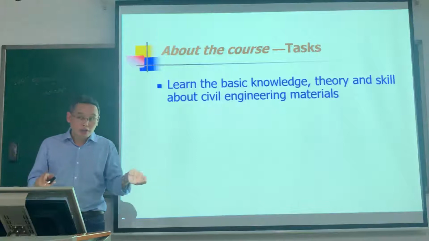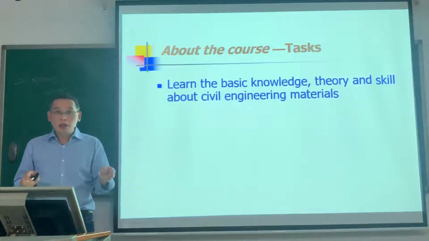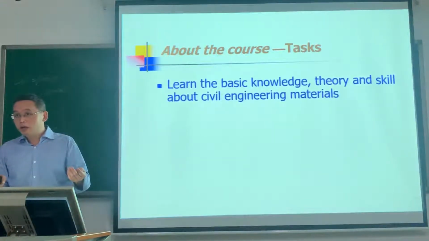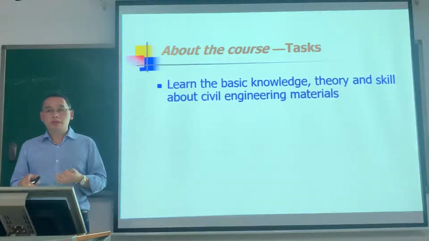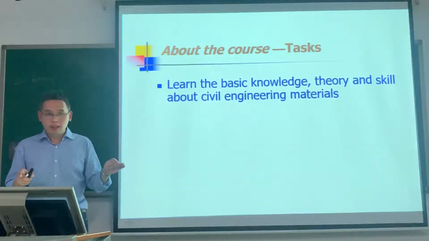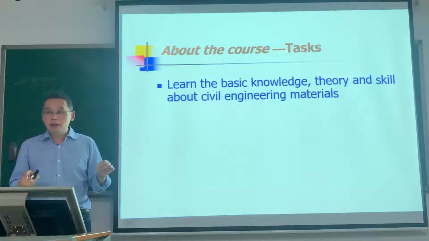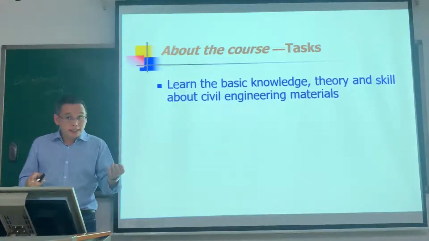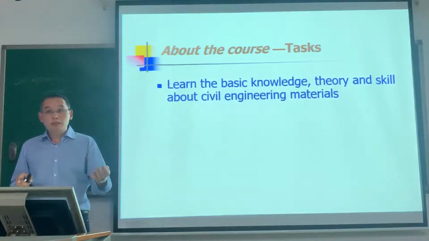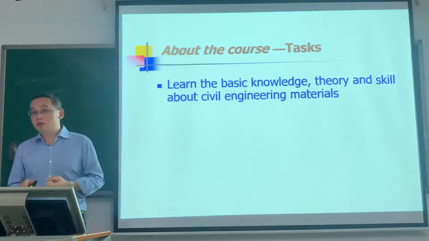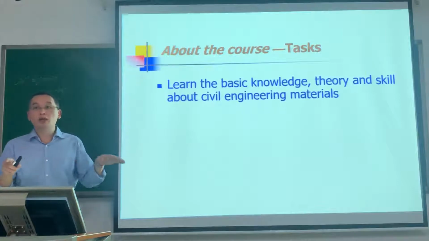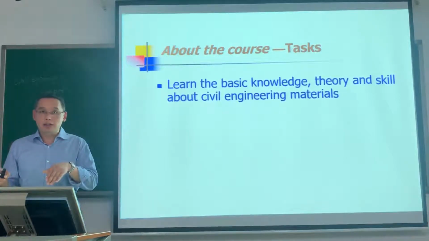Including the composition of these materials, the production, the raw materials, and then the performance of these materials, and the testing, evaluation, and application of these materials. So this is the basic knowledge for our study.